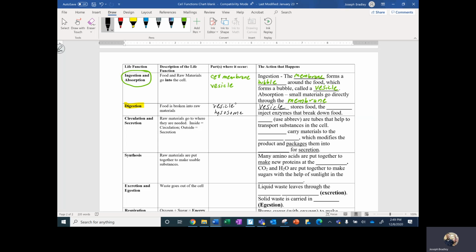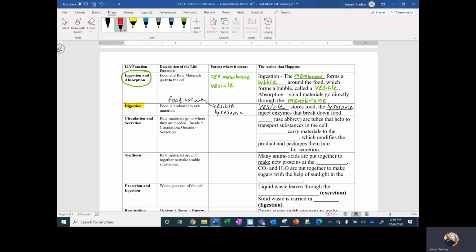Now, sometimes that vesicle might be called a food vacuole, just so that you know the other terminology. So the vesicle is going to store the food, and then the lysosome is going to inject enzymes that break up the food into its little component parts.